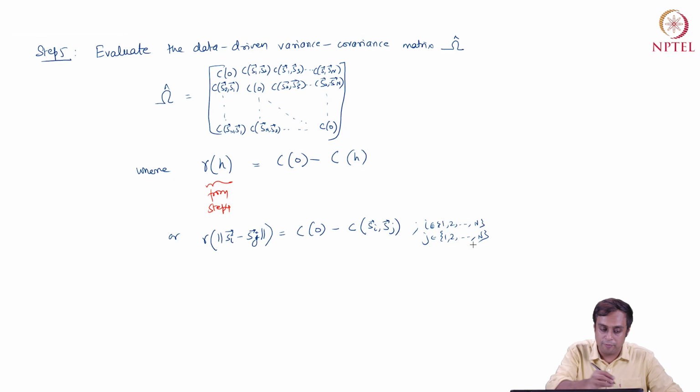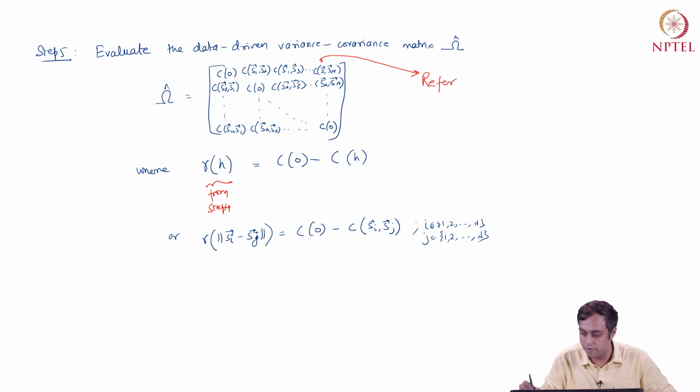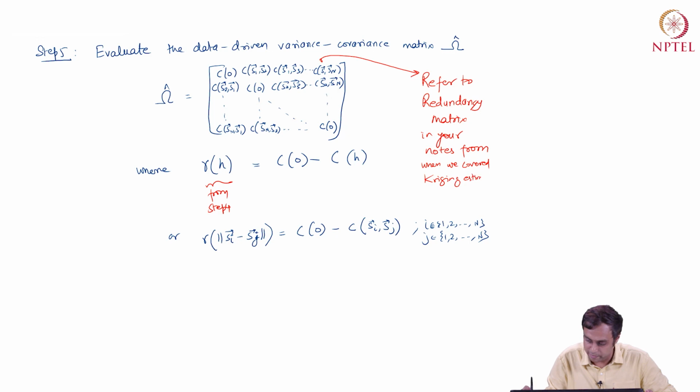If you want to get a refresher of where this matrix is, you can refer to the redundancy matrix in your notes from when we covered the Kriging estimator, the spatial interpolation estimator.